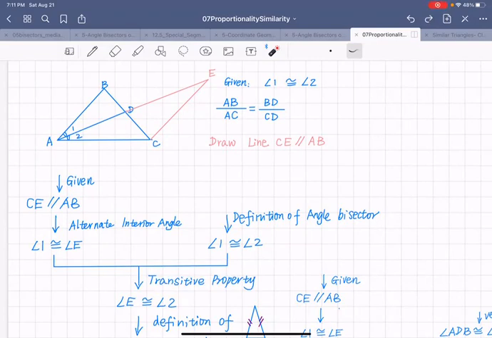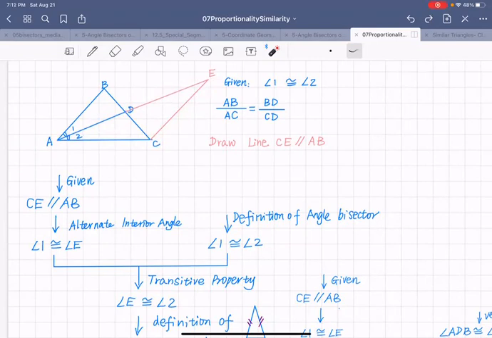Now, if you know this angle equals this angle, is this guy an isosceles triangle? If you have two angles equal, this triangle will be an isosceles triangle. Okay, that makes sense.